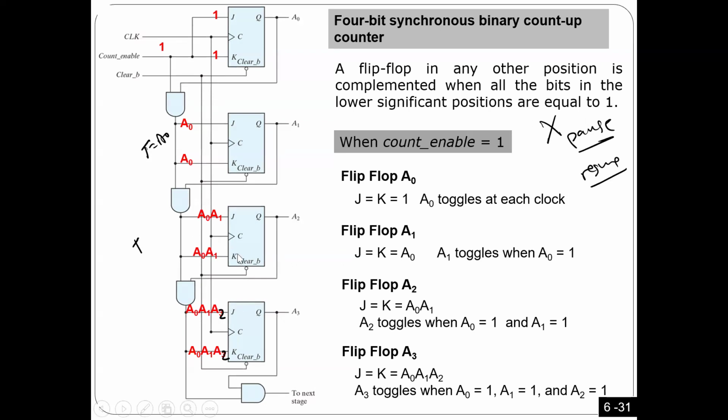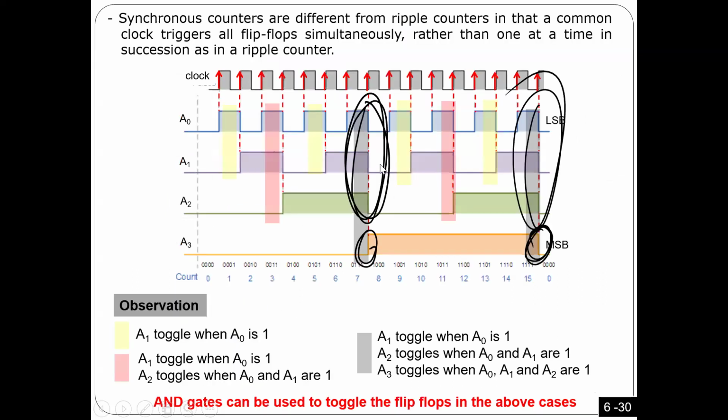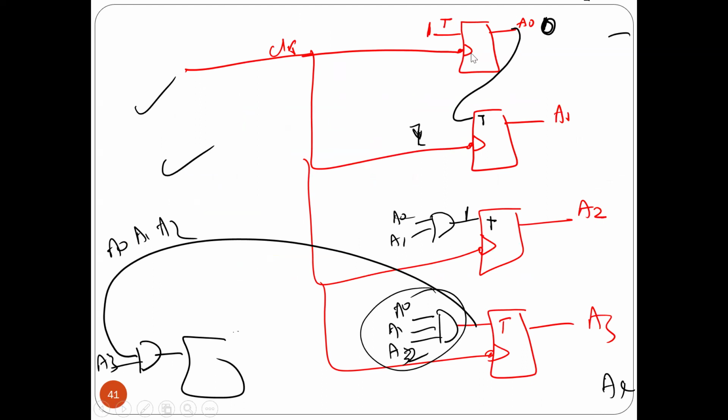So if you see these values here, it's exactly similar to what I explained here. The first one has to be E node. The second one has to be E node and E1. The third one has to be E node and E1 and E2. It's the same thing.